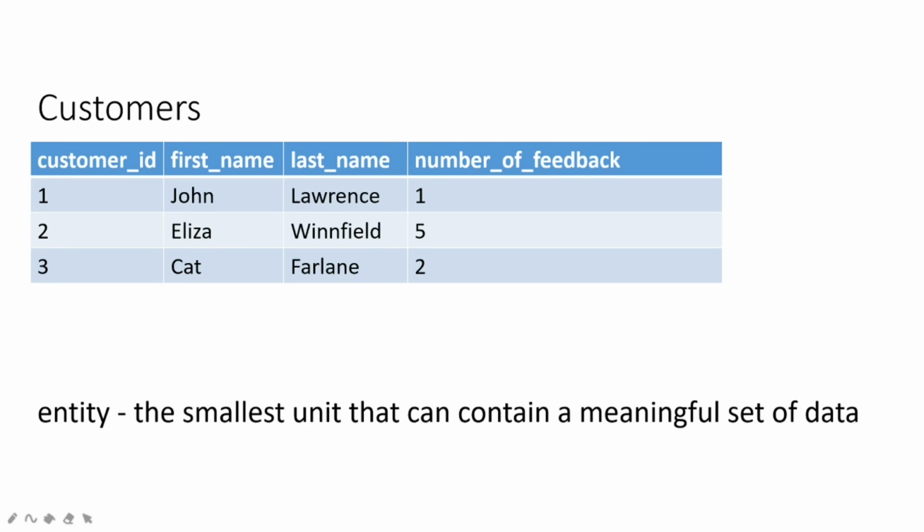So in this table, the customers, this is referred to as the bigger data, an entity of its own. The horizontal data is called the horizontal entity, and the columns are the vertical entity. And this whole entity for the customer can also be referred to as a database object.